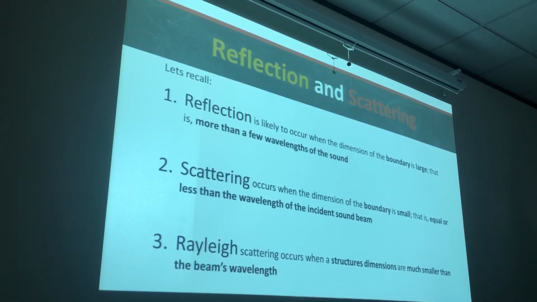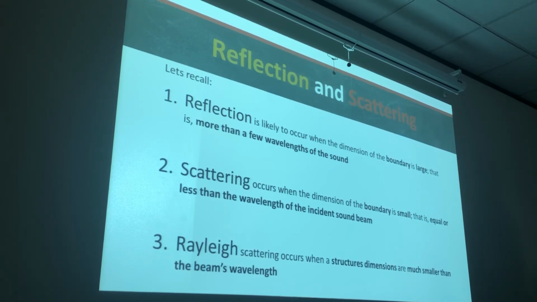Okay, so let's recall, guys. Reflection is likely to occur when the dimension of the boundary is large. We have a large boundary, such as the interface of the liver, the interface of the kidney. That is more than a few wavelengths of the sound. Scattering occurs when the dimension of the boundary is small, that is equal or less than the wavelength of the incident sound beam.